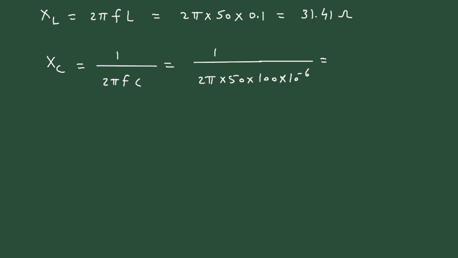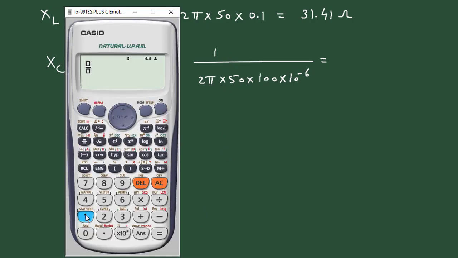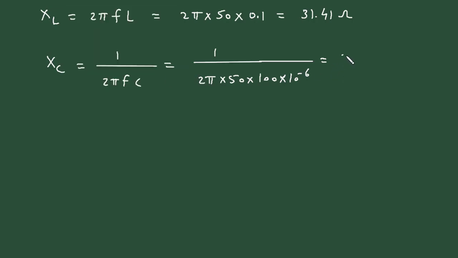So it is 1 upon 2 pi multiplied by 50 multiplied by 100 multiplied by 10 to the power minus 6. So it is 31.83, and since it is capacitive reactance, its unit will be ohm.